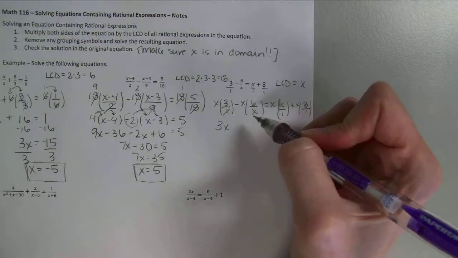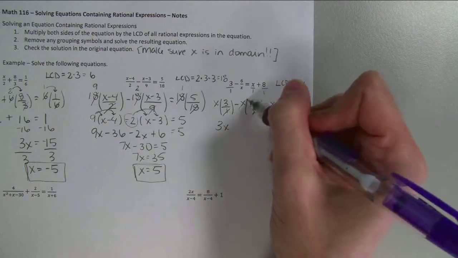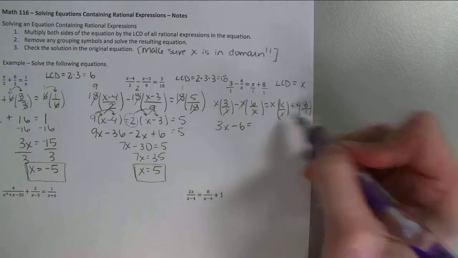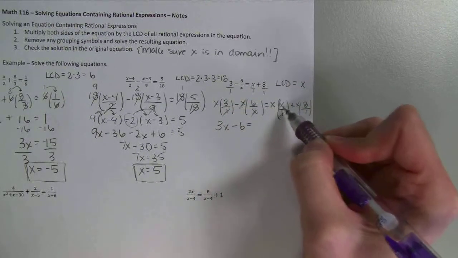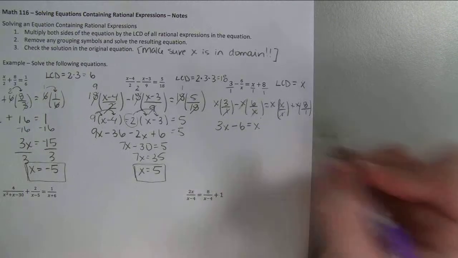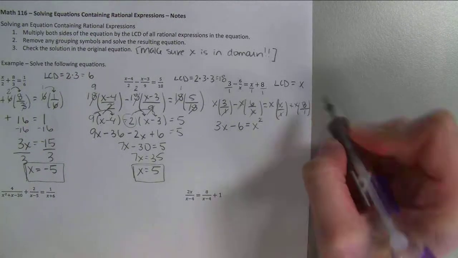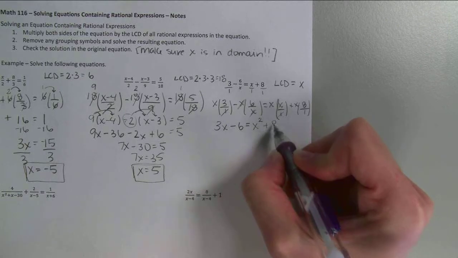X goes into x perfectly. Those are kind of hard to cross out, so you're just going to be left with minus 6. Over here, the 1 is not really necessary, but what's x times x? Not 2x, but x squared, right? We'll add those exponents, x squared. And then at the end, we'll have 8x.